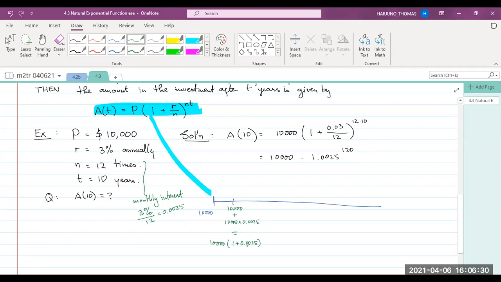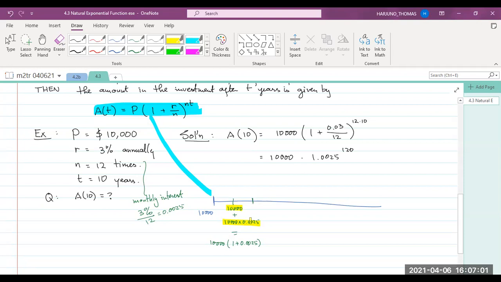Is it right? Now, what happens the next month after that? You will have interest from your principal. You will also have interest from that interest. So the interest you get in the first month will receive further interest. The interest gets interest too. That's what we mean by compound interest.